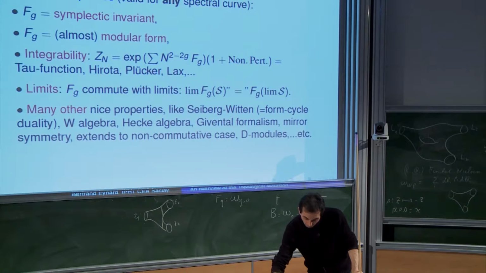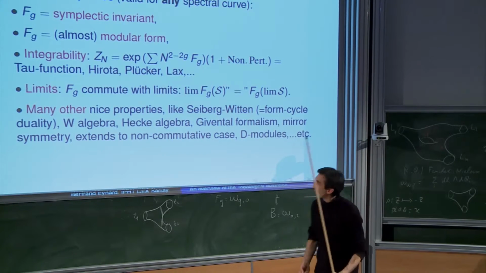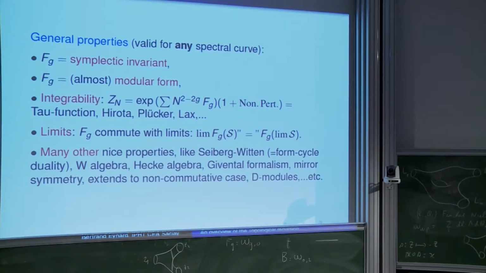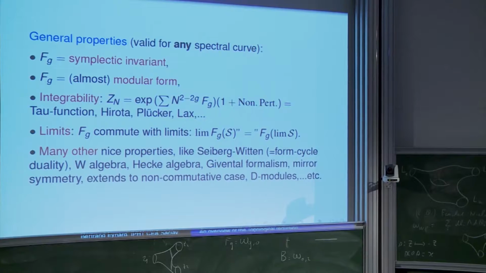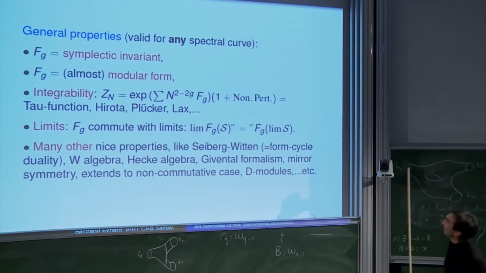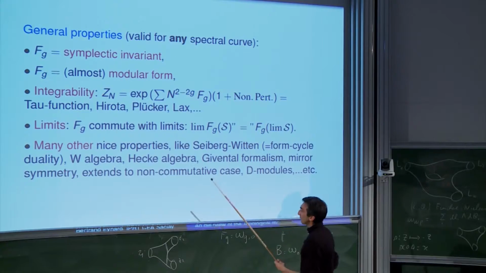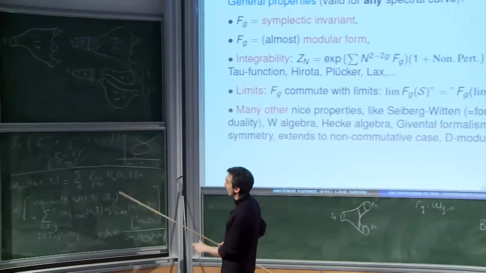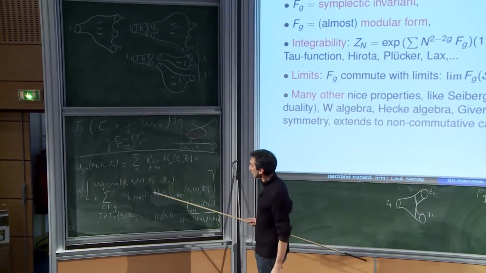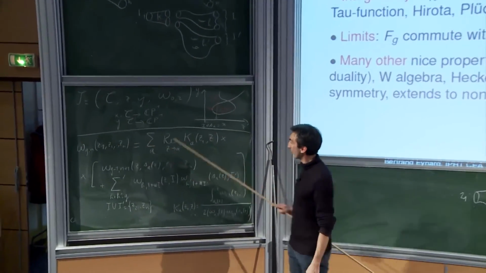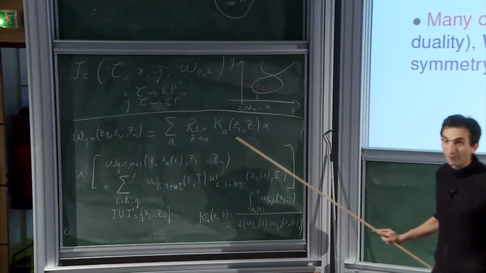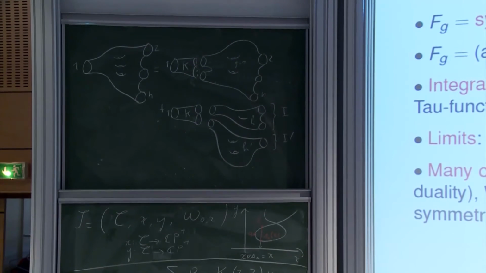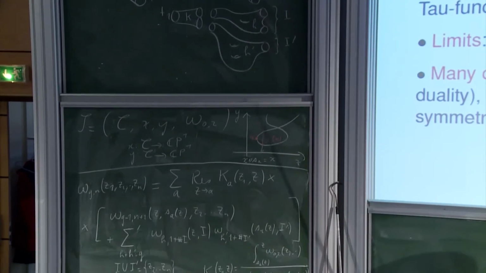Okay. So I just want to present very shortly some of the properties, in a not very well-defined way, just to give you an idea. The first property, which is not written here but is extremely important, I already mentioned: although the recursion does not look symmetric in all its arguments, and Z1 seems to play a different role, the first boundary seems to play a different role, in fact you can prove by recursion that the result is always symmetric.